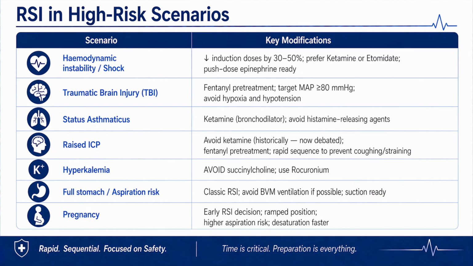So you pre-oxygenate the patient properly, and use a ramped position so that the intubation becomes easier because there is a lot of edema inside. So you make sure the position is also right. These are certain high risk scenarios. You can go through them and use them in your day-to-day practice.